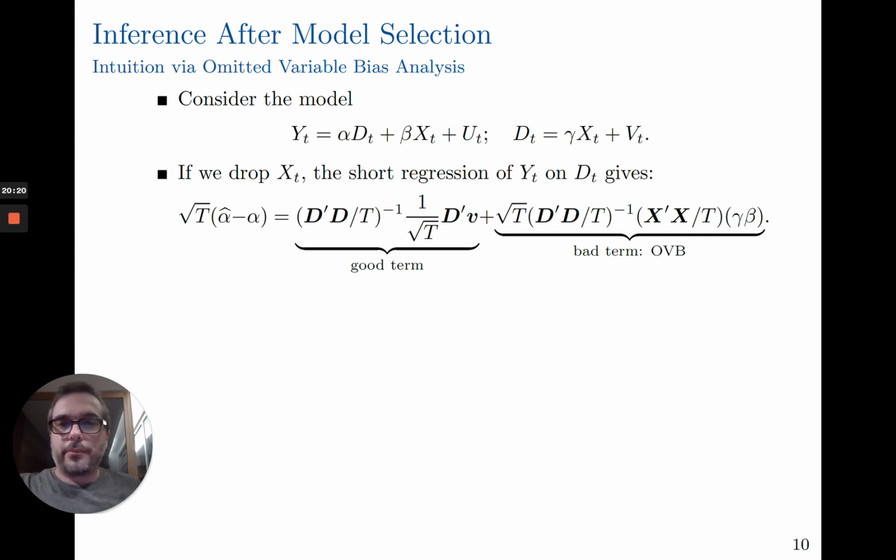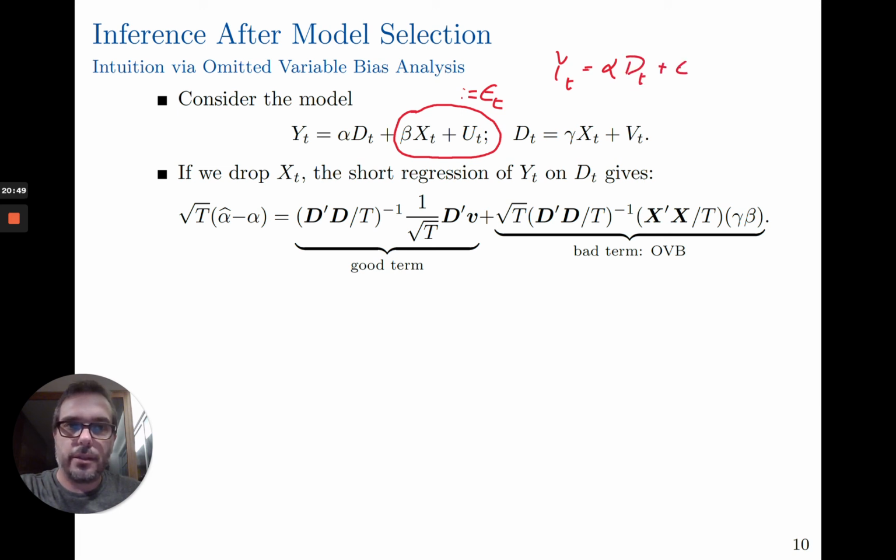Assume now that instead of running the long regression, okay, we are regressing y on d. So basically, we have a combined error. Let's call this epsilon t. Okay, that's beta x_t plus u. So we are running the regression y_t equals alpha d_t plus epsilon_t. Epsilon_t is defined as here, okay?